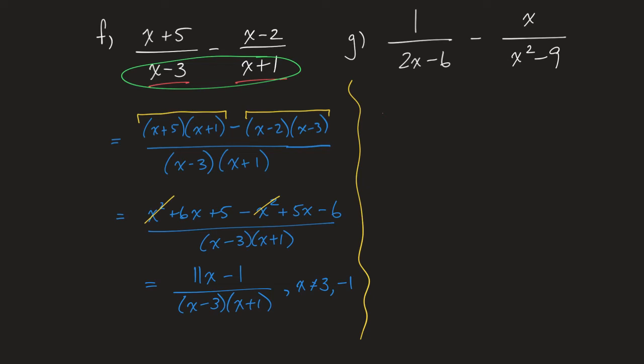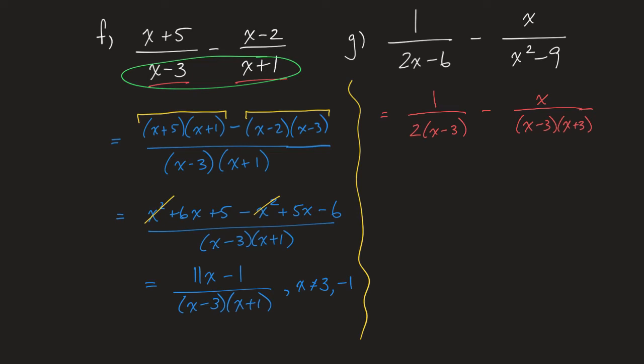That is, let's see what makes up each individual denominator. So I'm going to take a look at that first denominator, and I notice that I can factor out a common factor of 2. I also notice that my denominator on the second fraction is a difference of squares, so that's going to factor into an x minus 3 times an x plus 3. There's my conjugates.